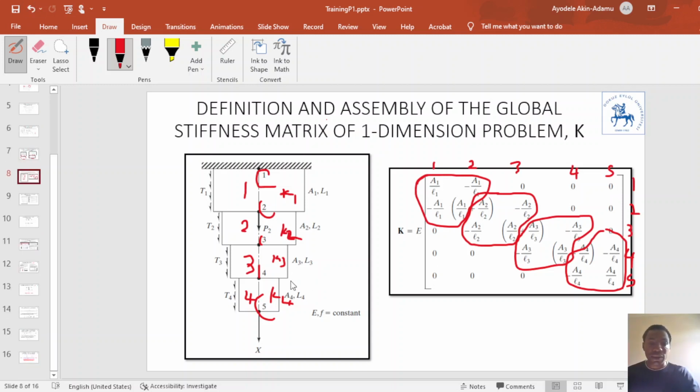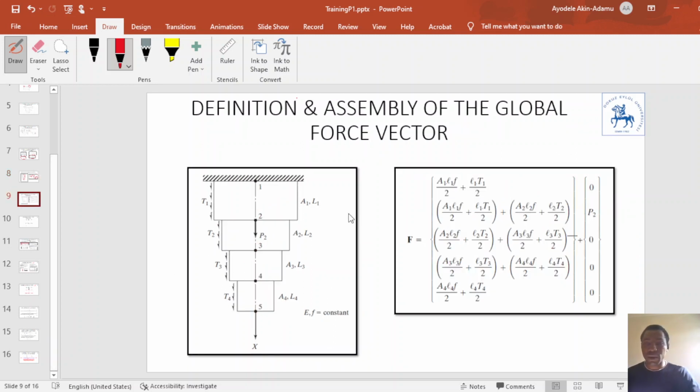After we have defined the global stiffness matrix, next we need to define the global force vector. In the finite element procedure, there are three types of load that can be defined: the traction force, the body force, and the point load.